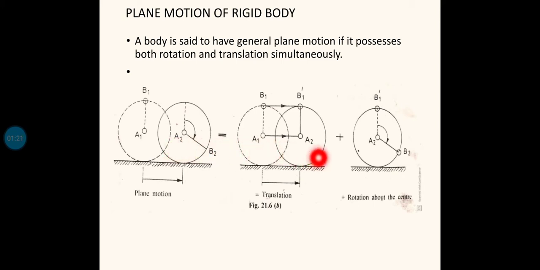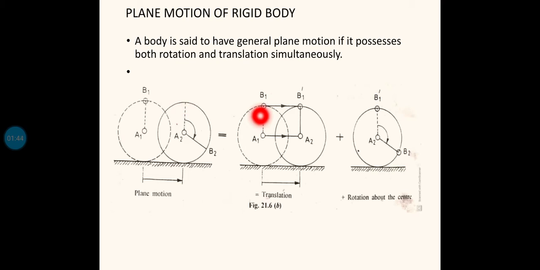You can see from this figure, the center A1 is moving a distance of this much and coming to a new position A2. So the motion of the particle A1 to A2, you can consider it as a translation or linear motion. Similarly, the point B1 is moving along a straight line to a new position, that is B1 dash.